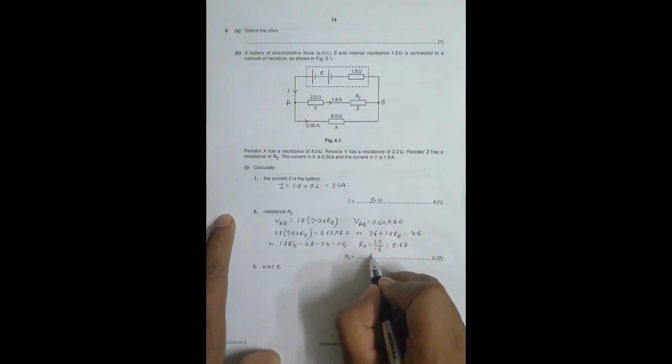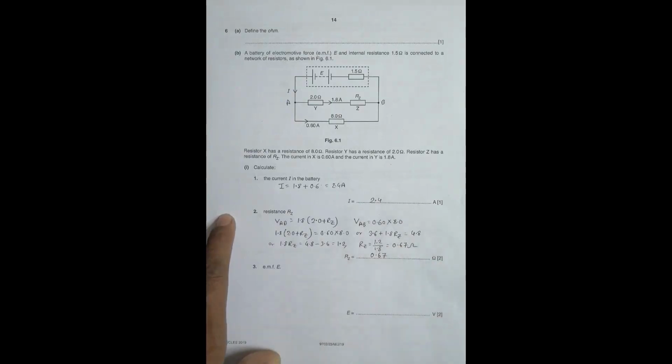I can write it as 0.67 ohm. So 0.67 ohm here. That's the value of RZ.